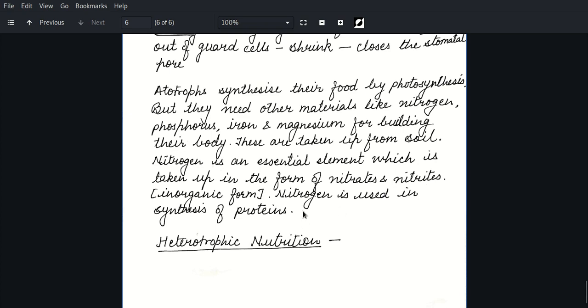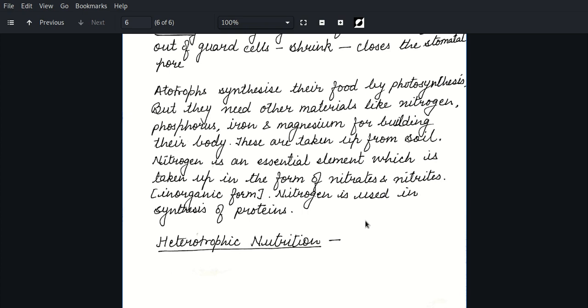But legume plants also take organic form of nitrogen which is synthesized by nitrogen fixing bacteria. So plants are independent for their nutritional requirements. This is all about nutrition in plants.